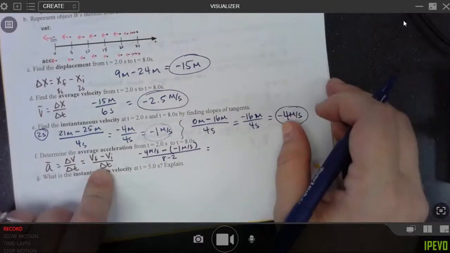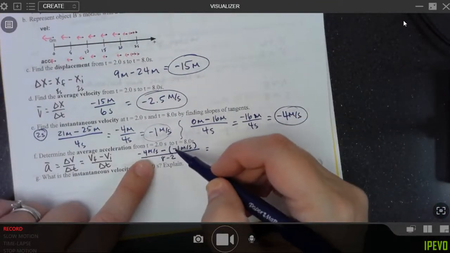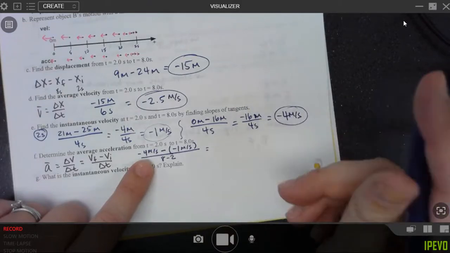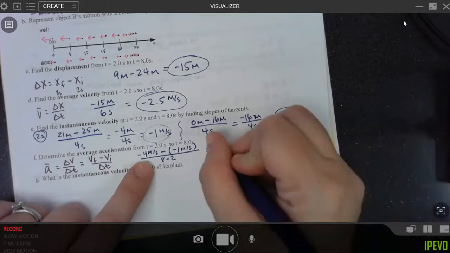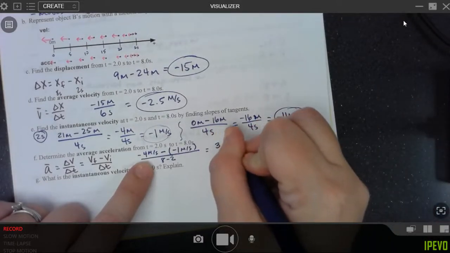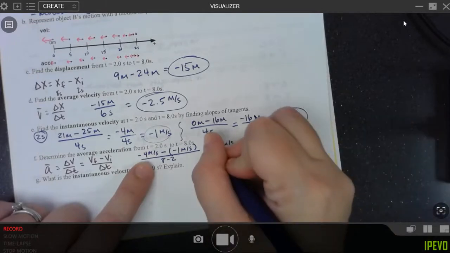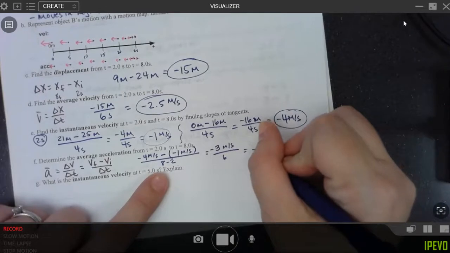So this is going to be 4 minus 1. That's going to give us 3, right? So this is 3 meters per second. Sorry, minus 3 meters per second divided by 6 is going to give us minus 0.5.